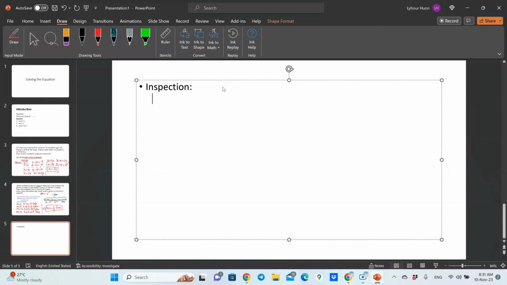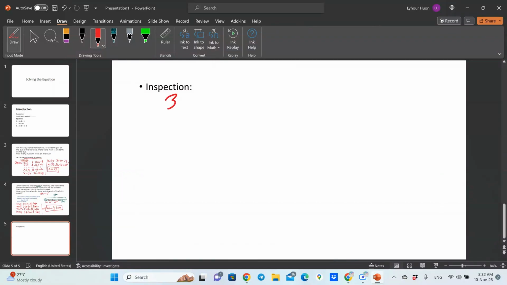Actually, this is very similar. The way to inspect is, in order to solve 3w plus 5 equal to 17, we are guessing the answer and inspecting whether 3 times 4 plus 5 works.